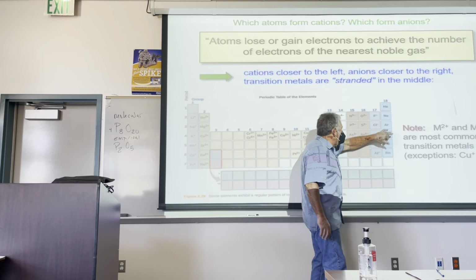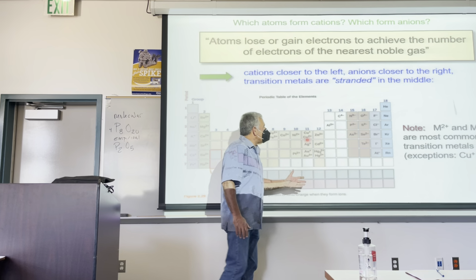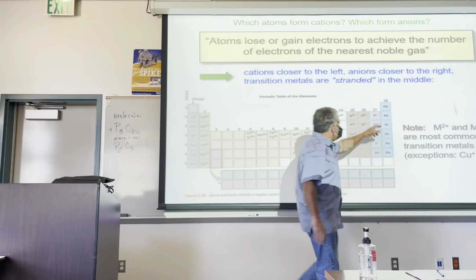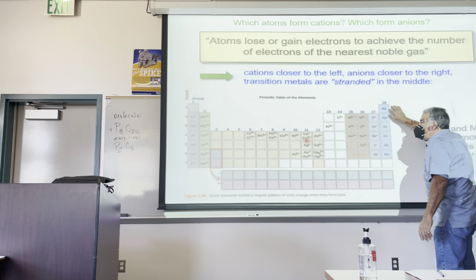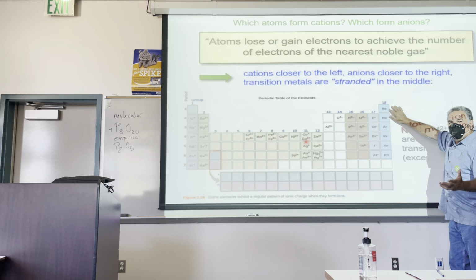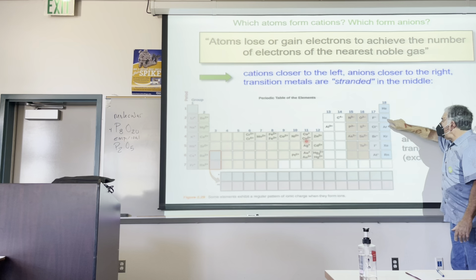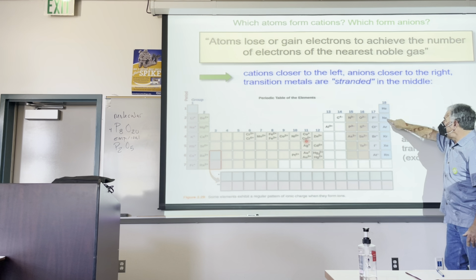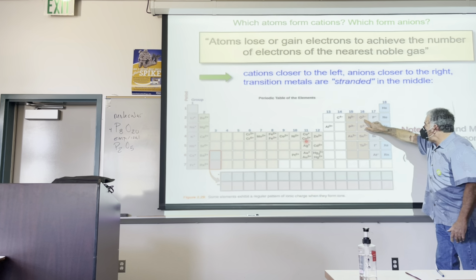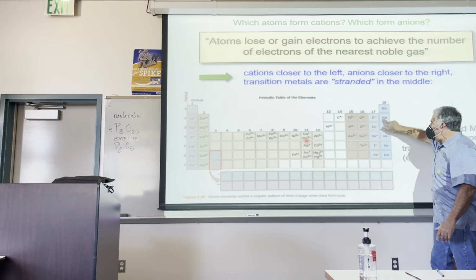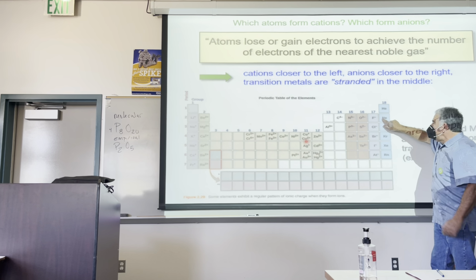Then we have helium, neon, argon. But what's going on here? So this first row goes to 2. So some compounds are stable with 2 electrons. So those would be S compounds, right? Then 8, so add 1 to get to 8, add 2 to get to 8, add 3 to get to 8, add 4 to get to 8.